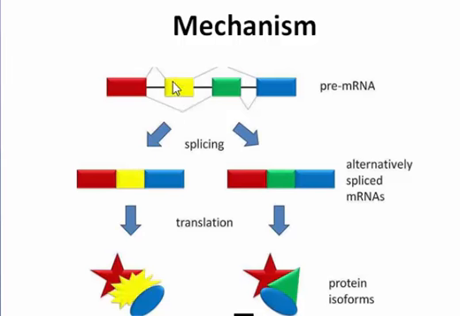We know that when we keep this yellow color exon and attach it with the two exons and splice out the exon of green color, then a type of protein is found. And when the yellow color exon is spliced out with the introns and we get this type of exon, we find this protein. That is the mechanism of alternative splicing.